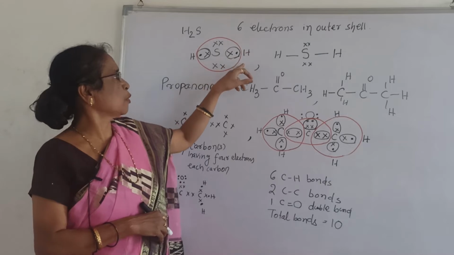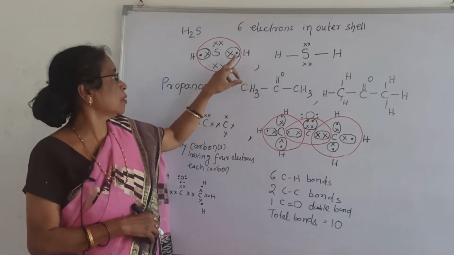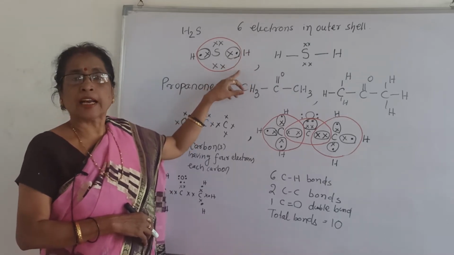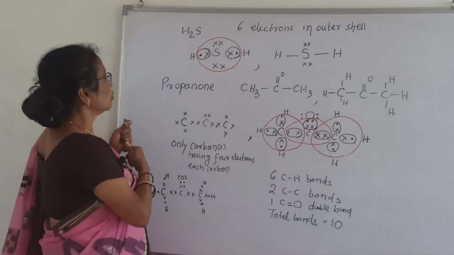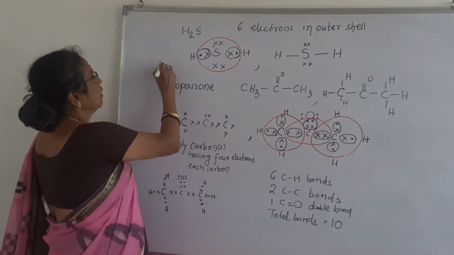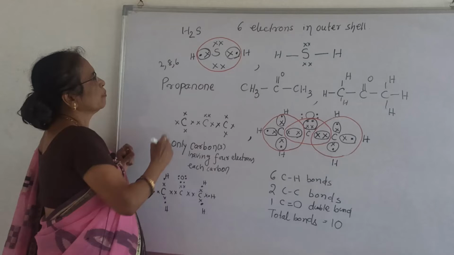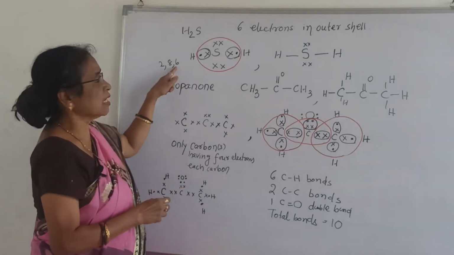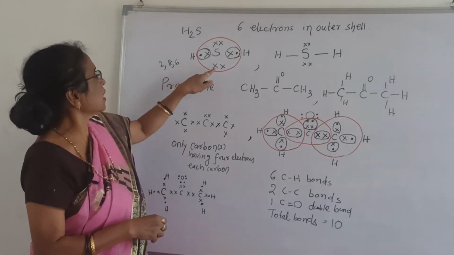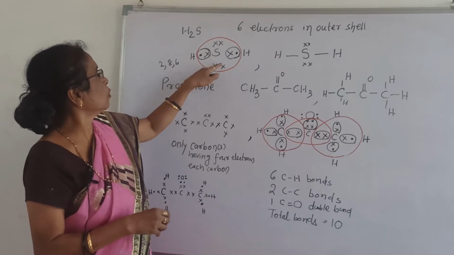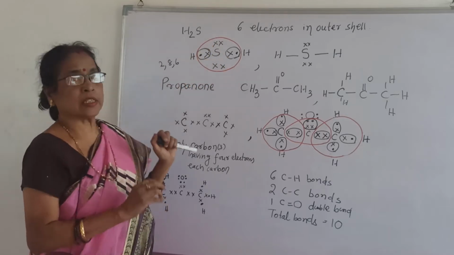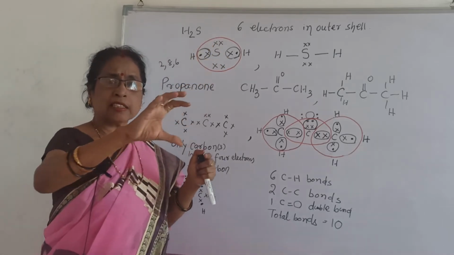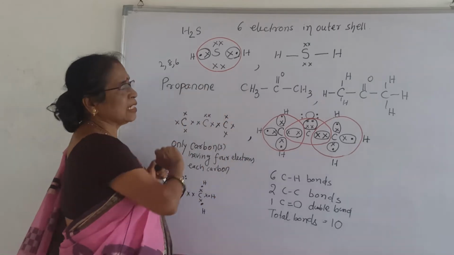Out of 16 electrons, the arrangement takes place like this: 2, 8, 6. That means the outer cell contains 6 electrons. See the crosses: 1, 2, 3, 4, 5, 6. The sulfur has 6 electrons in the outer shell.